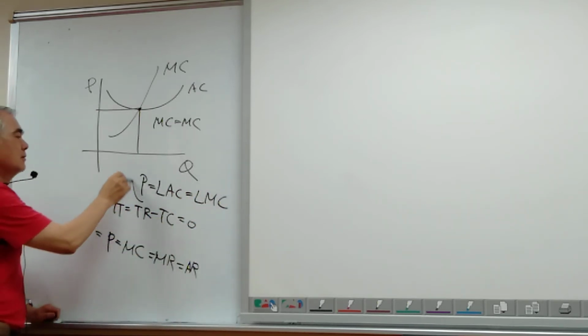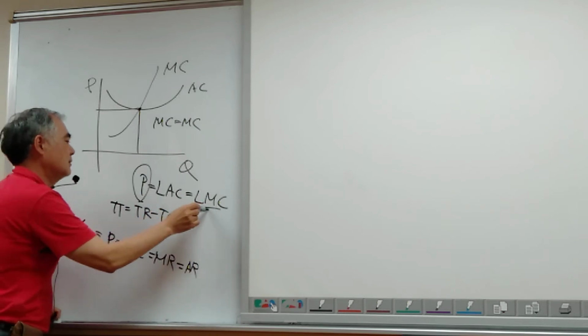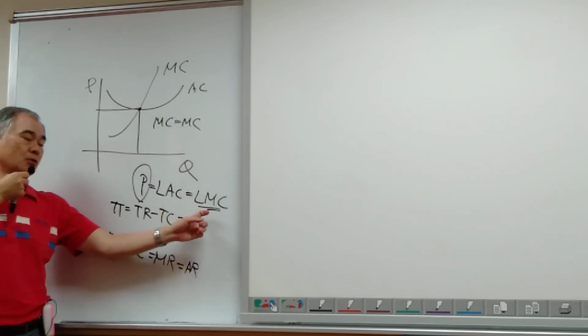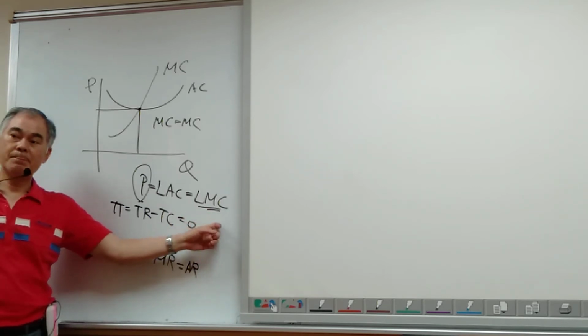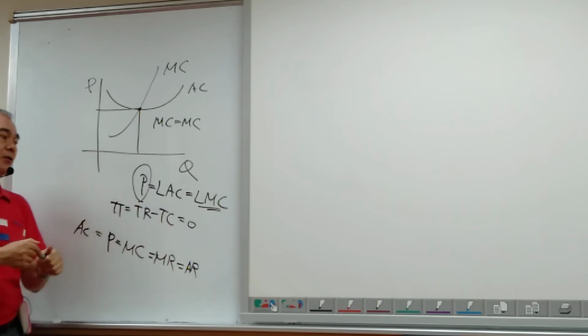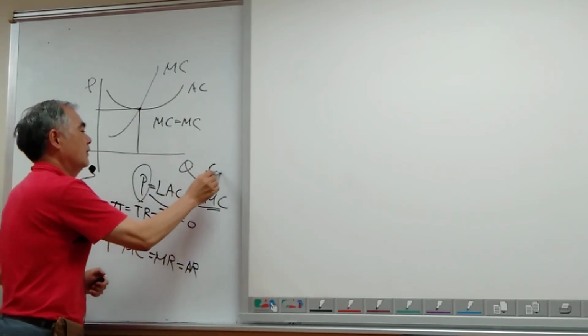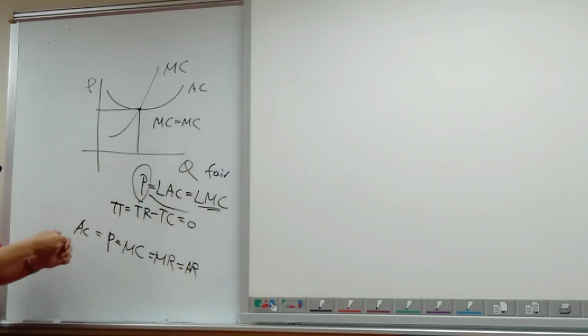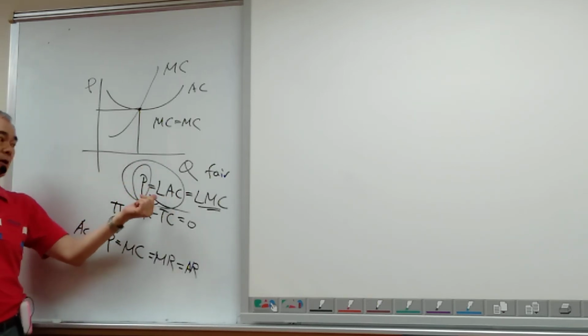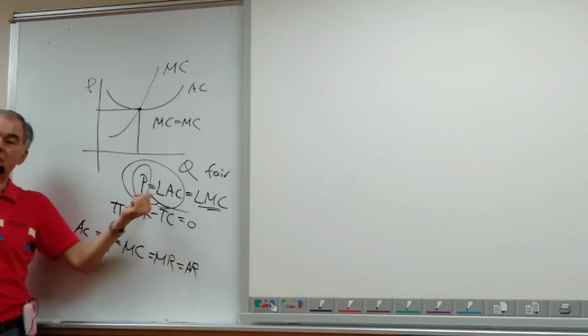We said price is equal to LMC. So what you pay is what you get. This is the production marginal cost of the firm, and this is what you pay for it. So it is fair, okay? And P is equal to LAC, and because of that, the economic profit is 0. So they only earn their opportunity cost and nothing more, nothing less.